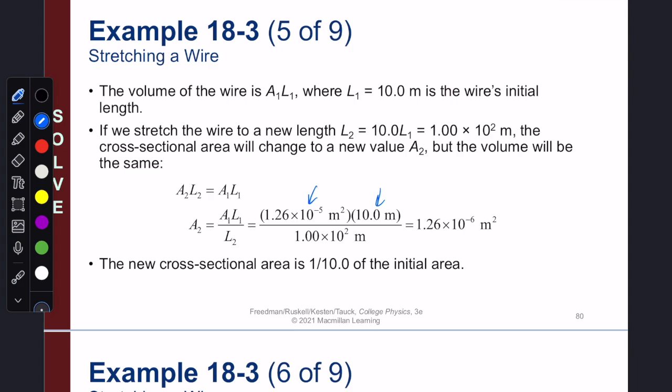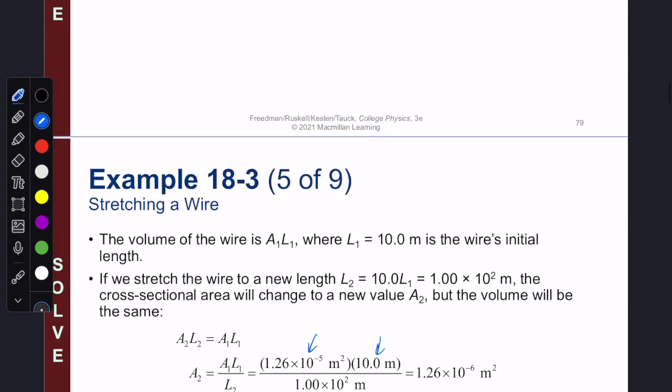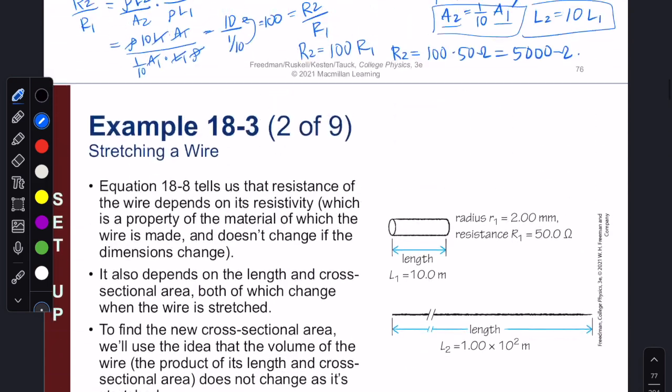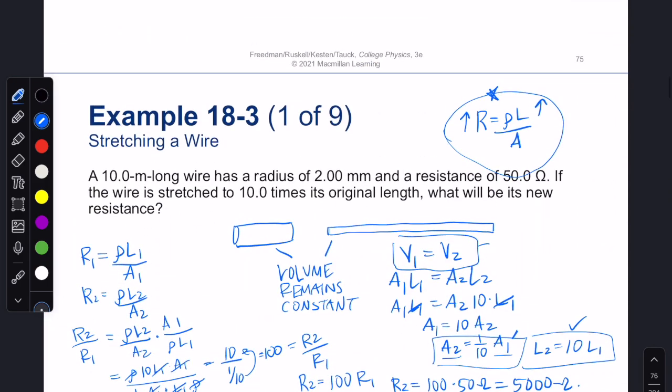Because once you start plugging in all these numbers, you spend time in your calculator and you can kind of lose track of where you are. So that's why working algebraically is great, because it can really show you the big picture of the problem without getting tangled up in all the little numbers and plugging in numbers, okay? And you can see that it actually took a lot less time because I could do it all in my head, right? I didn't need to consult my calculator for anything.